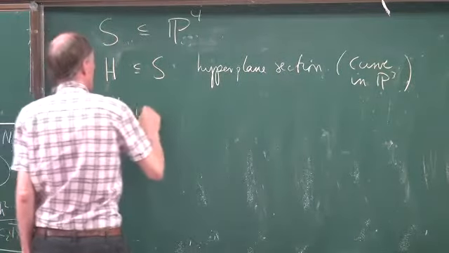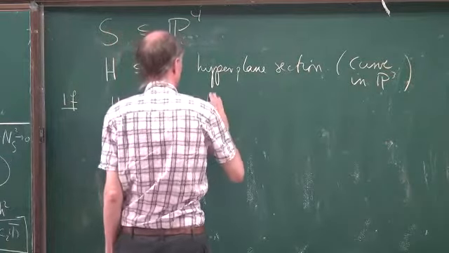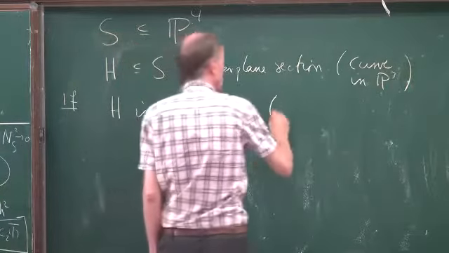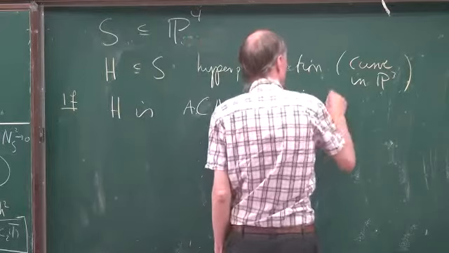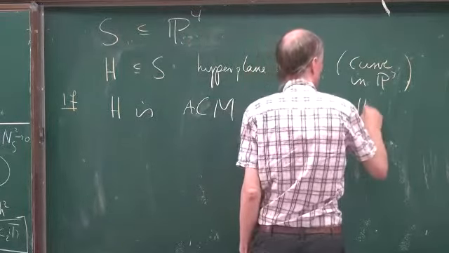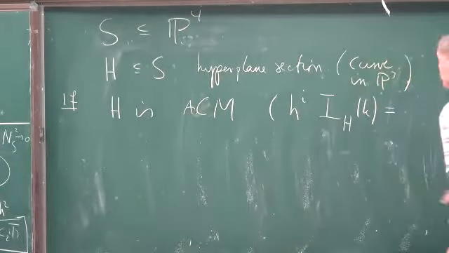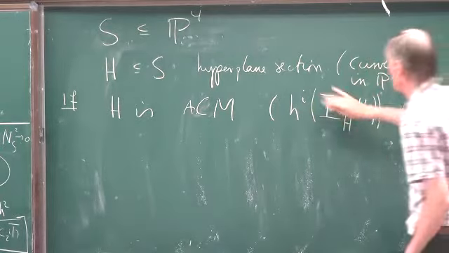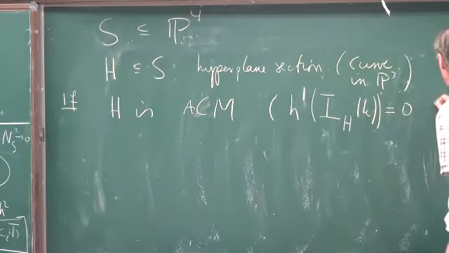What I was saying is that if H is arithmetically Cohen-Macaulay, ACM, and this means now H^1 of the ideal sheaf of H twisted by K is equal to 0, so here I only need 1, in fact, for all K.